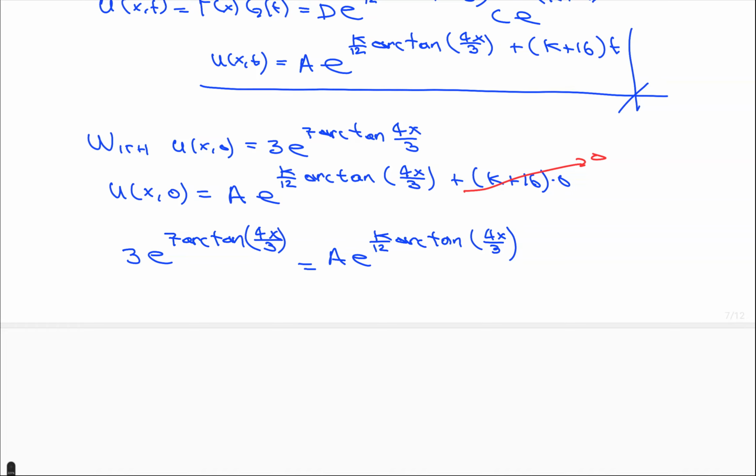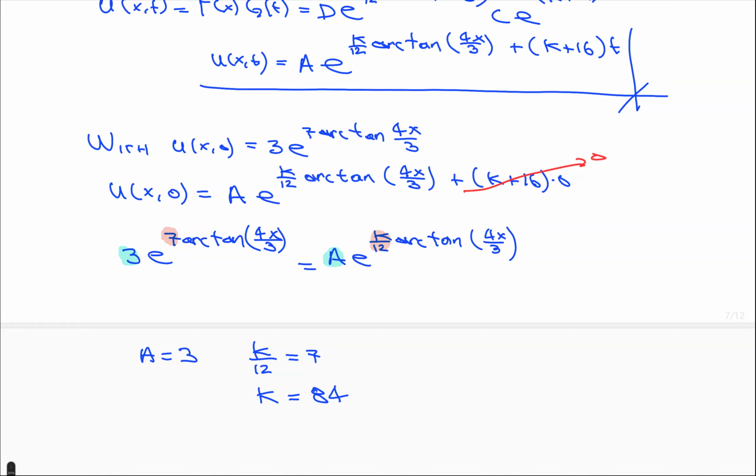So k over 12 equals 7, and also the coefficient of e, that means a equals 3. So equating coefficients gives us a equals 3 and k over 12 equals 7. Well, k equals 7 times 12, which is 84, right?